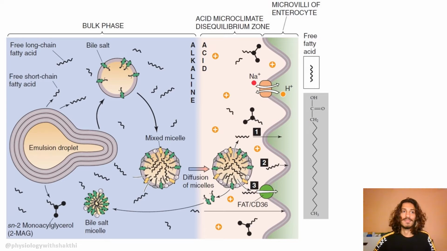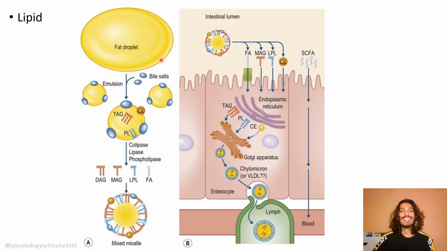Once they are inside, they need to go into the circulation. This is another set of steps, where chylomicron comes into the picture. Earlier the micelle helped them cross and get in. Once inside, they form chylomicron or VLDL and come out.